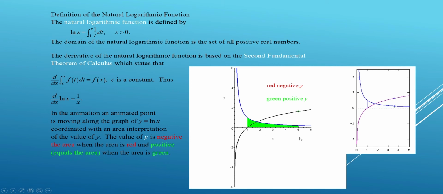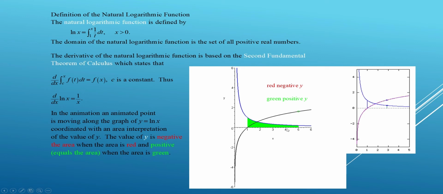And then the animation, which I'm going to play for you again on the next slide: if y equals the natural log of x, then you can coordinate that with an area interpretation of the value of y. The value of y is going to be negative the area picture when the area is red, and positive equal the area picture when the area is green.